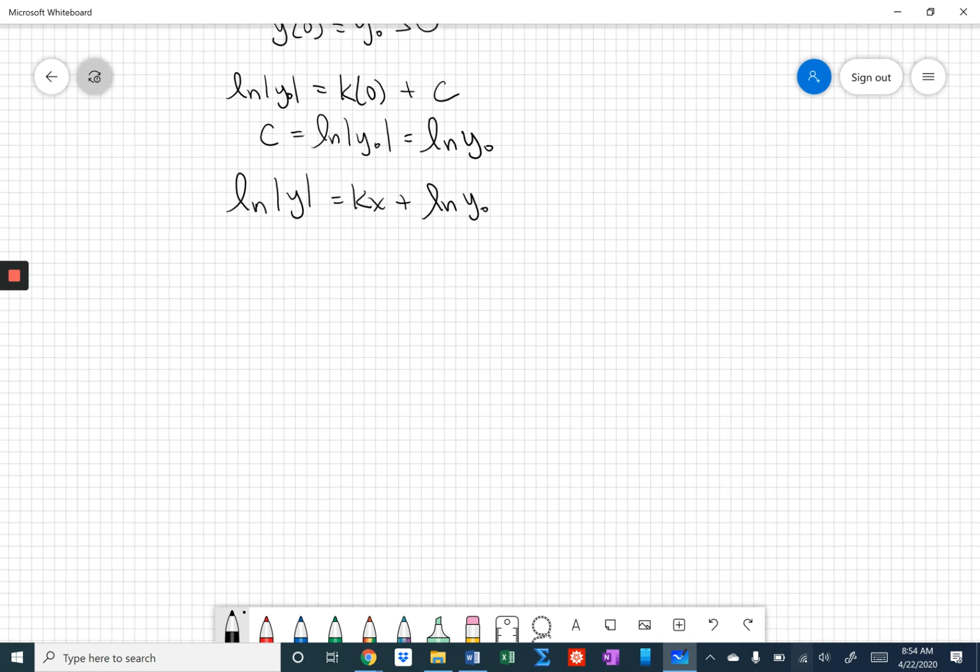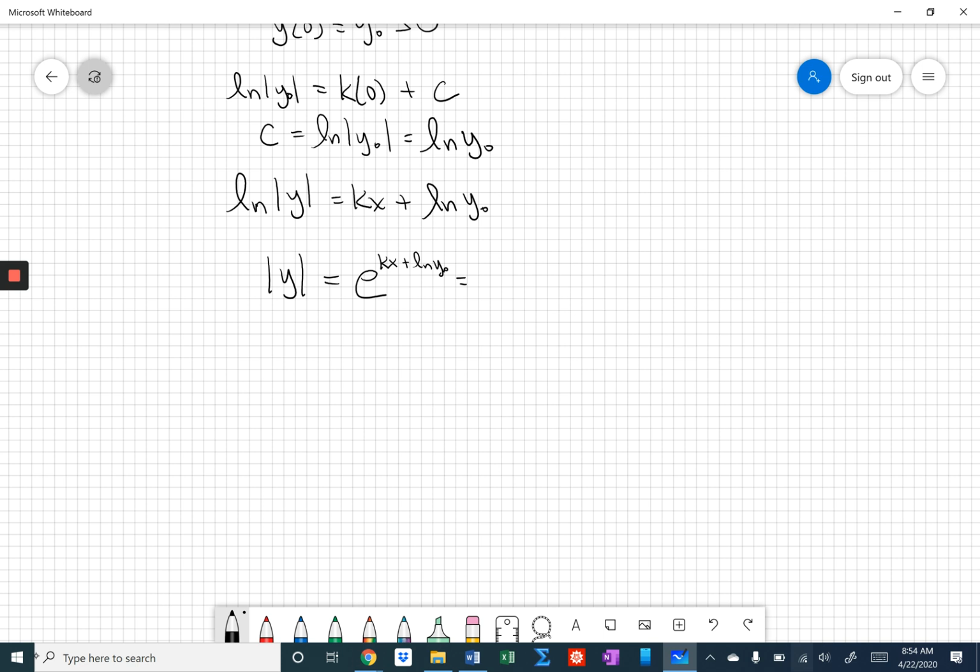Now, solving for y, we're going to exponentiate, raising e to the power of both sides to undo this natural log. That's going to leave us with the absolute value of y equal to e to the power of k times x plus the natural log of y naught.